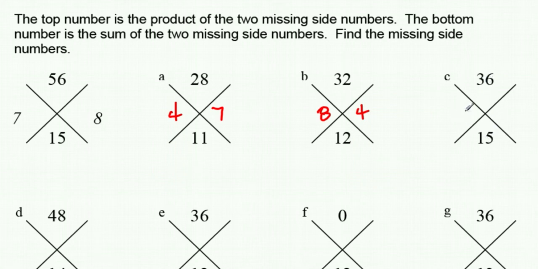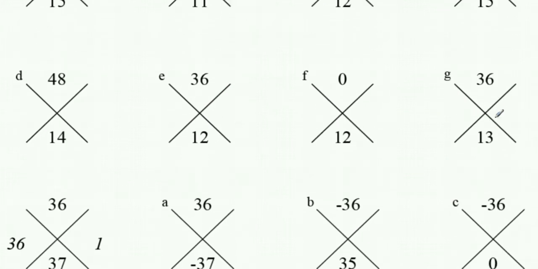That would be 3 and 12. Then 48 would be 6 and 8. 6 times 8 is 48, and 6 plus 8 is 14.